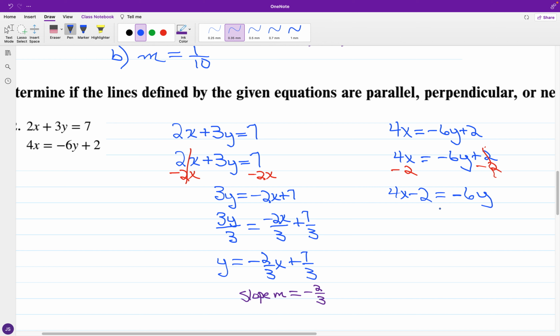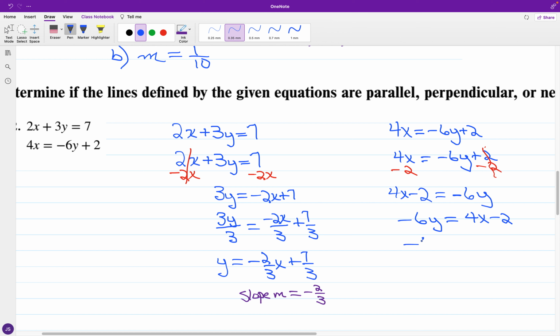And if I just reposition things, taking the commutative property of equality, like transitioning from a is equal to b to b is equal to a, I'm just going to swap sides here. So I have negative 6y on the left, 4x minus 2 on the right.